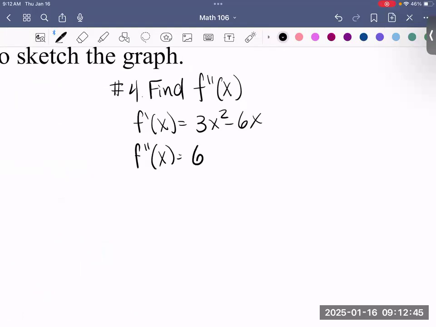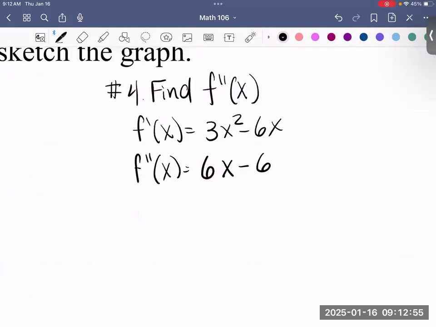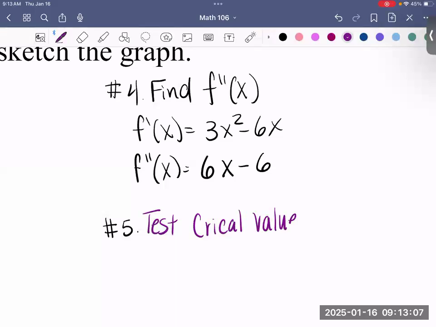So this is 6x minus 6. And because unlike last time where we could clearly see, okay, it's going to be positive for all, in our case, we do have a function, in which case we're going to go ahead and test a critical value concavity.